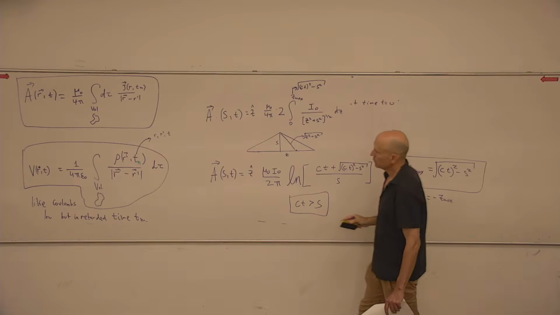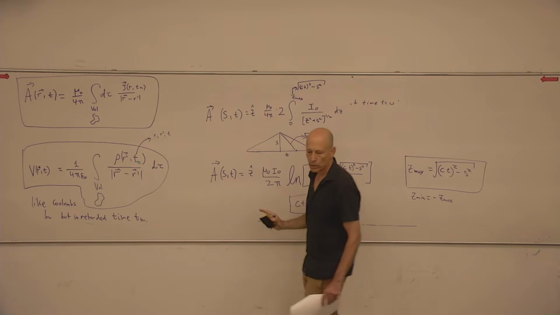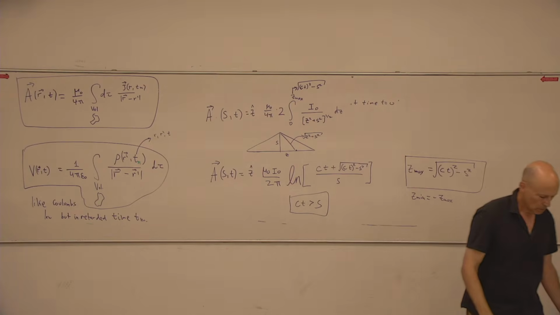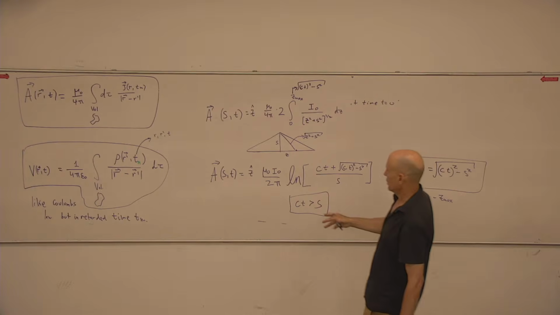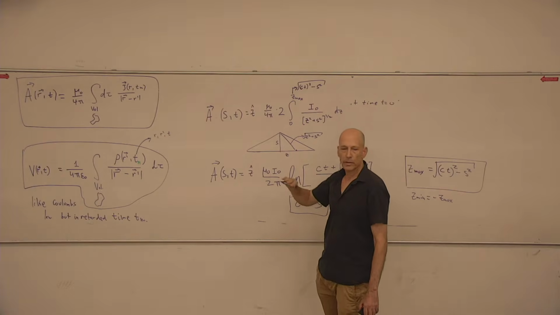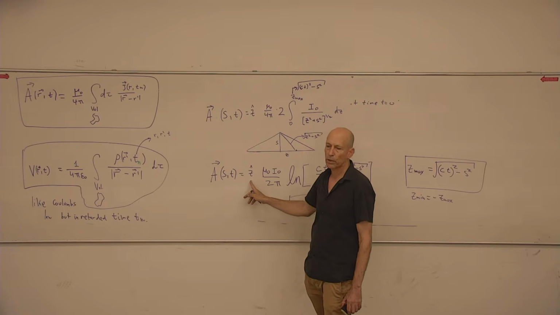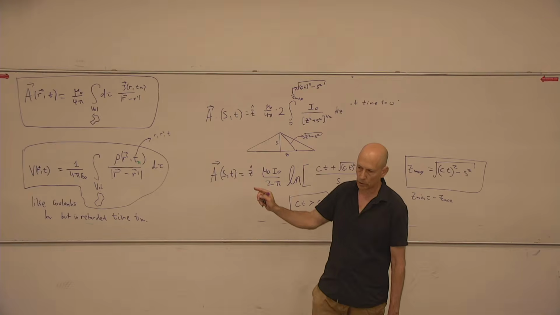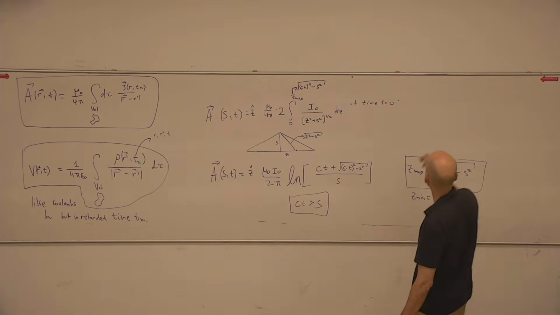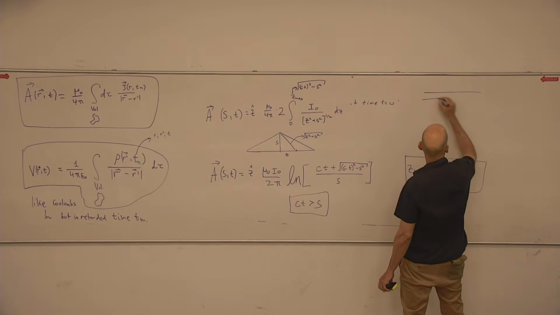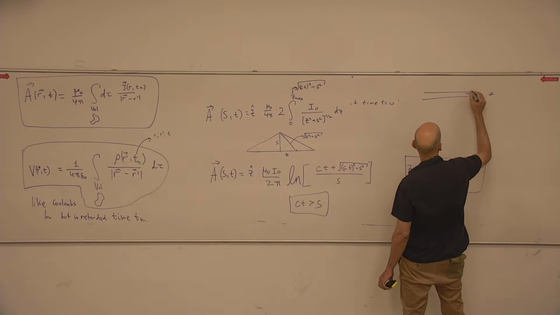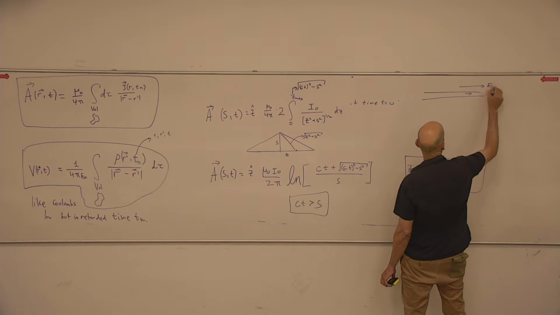Well, the E, in which direction does it go? You see it from here. Again, there's no V, so you just need to take the time derivative of A, so the direction of E is the z direction. So you have the current in the z direction, and the E is going in this direction.